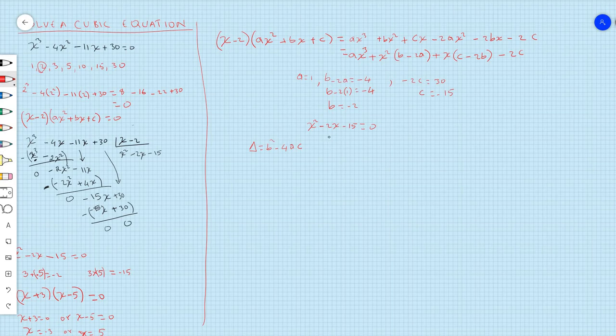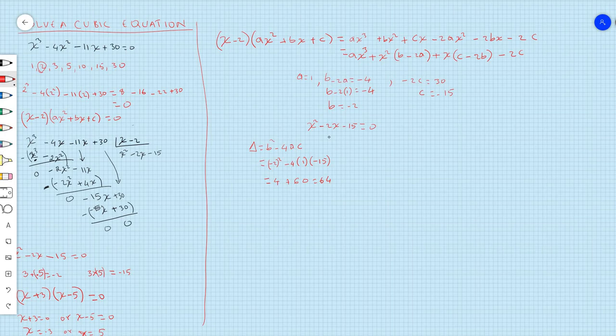So our b here equals -2, squared, minus 4 times a, which is 1, times c, which is -15, right? To solve that, we'll have 4 plus what? 60. That's 64.